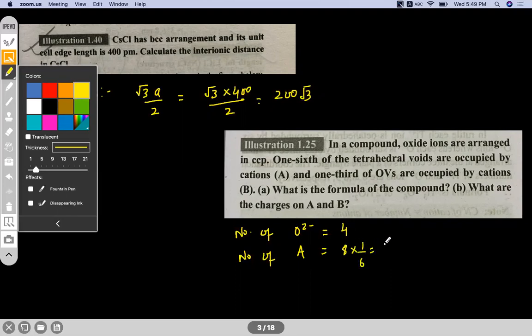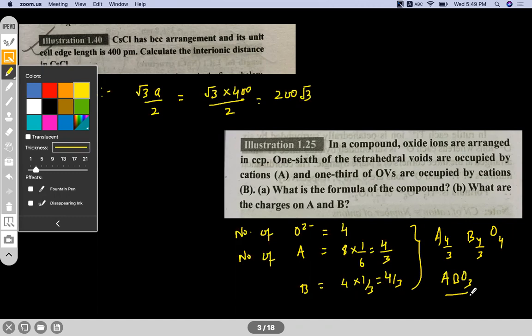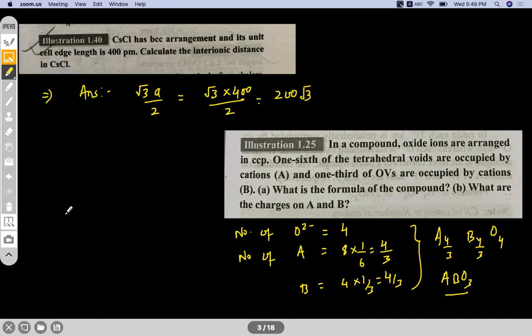That is 4/3. And for B, it is 4 into 1/3. That is again 4/3. And hence the formula is A 4/3, B 4/3, O 4. Right, so it is A2B2O3 type crystal we have here.